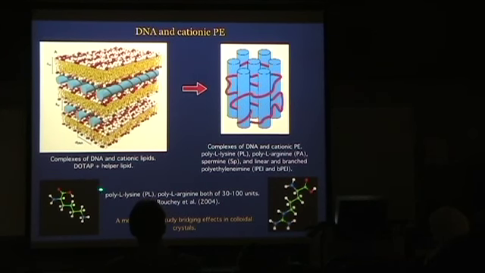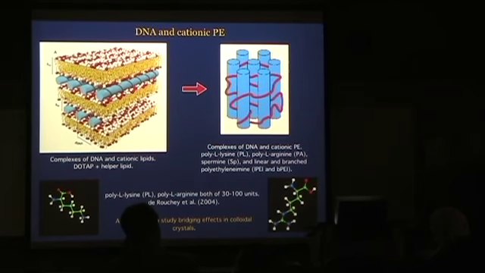He was using polylysine and polyarginine, very long, positively charged polyelectrolytes. The actual physics of the condensed phase is a little bit complicated because you can also have specific adsorption of the polyelectrolyte chain onto DNA.